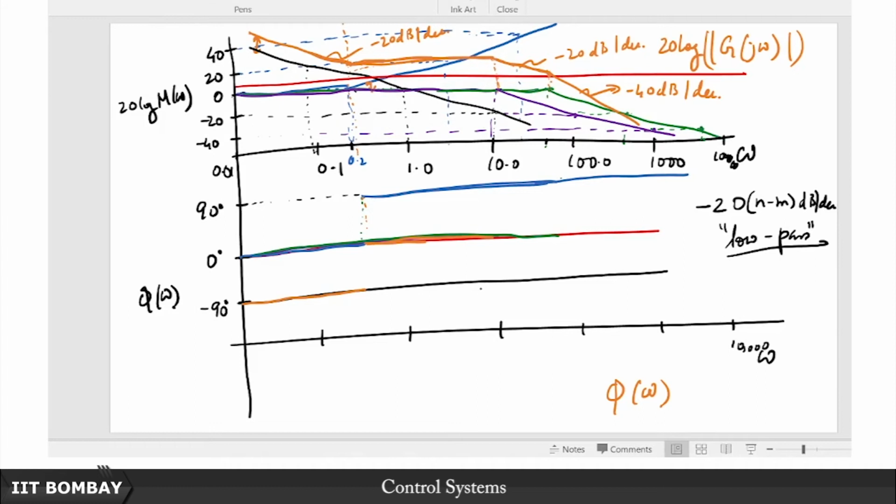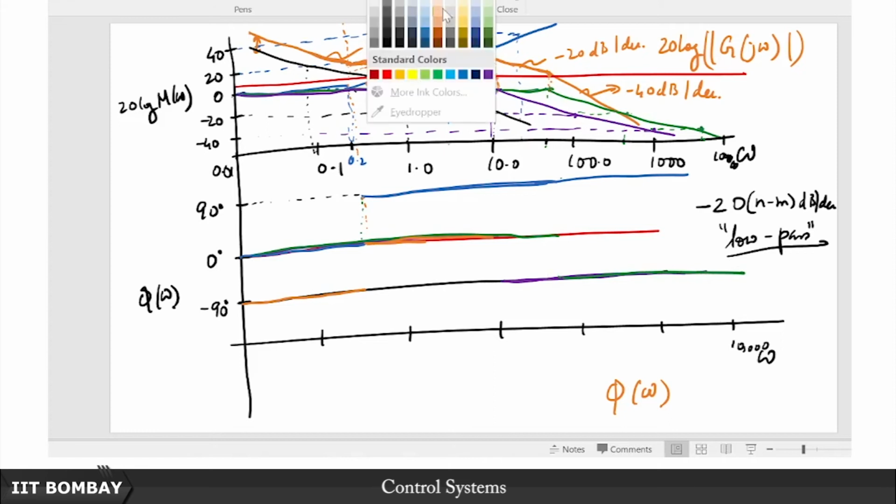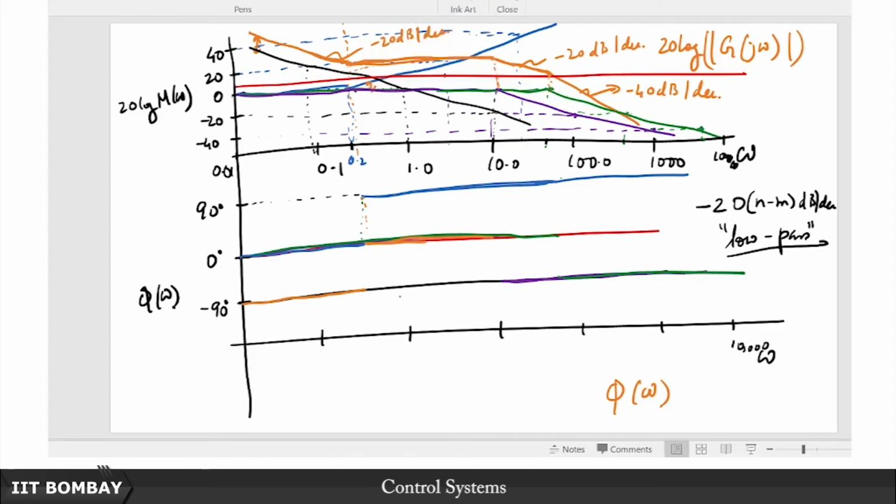So the purple line starts contributing minus 90 degrees from 10 onwards, and so does the green line contribute another minus 90 degrees from this point onwards, which is 50 onwards. Okay, so now let me go back to the original sketch. That was a bad mistake I made, sorry about that.